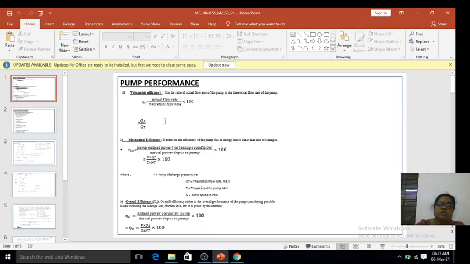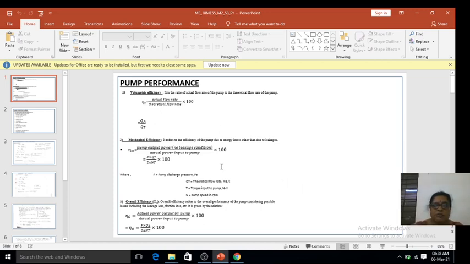The actual flow rate can be denoted by Q suffix A, and the theoretical flow rate can be denoted by capital Q and small t, Qt. So the volumetric efficiency is defined as the ratio of actual flow rate to the theoretical flow rate.